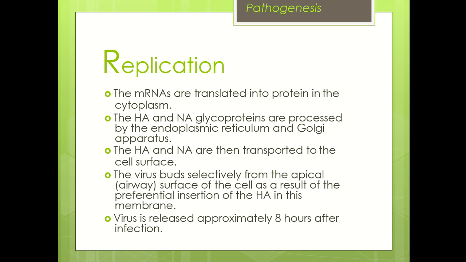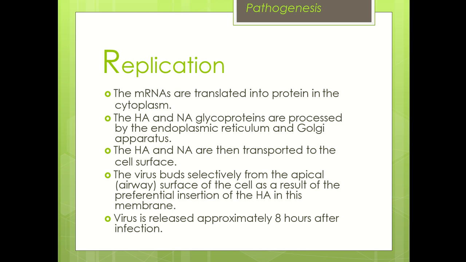The hemagglutinin and neuraminidase glycoproteins are processed by the endoplasmic reticulum and Golgi apparatus of the host cell. Once processed and produced, they are transported to the cell membrane by the fusion of the endoplasmic reticulum and Golgi apparatus with the host membrane. Then the virus buds selectively from the apical surface area of the cell.